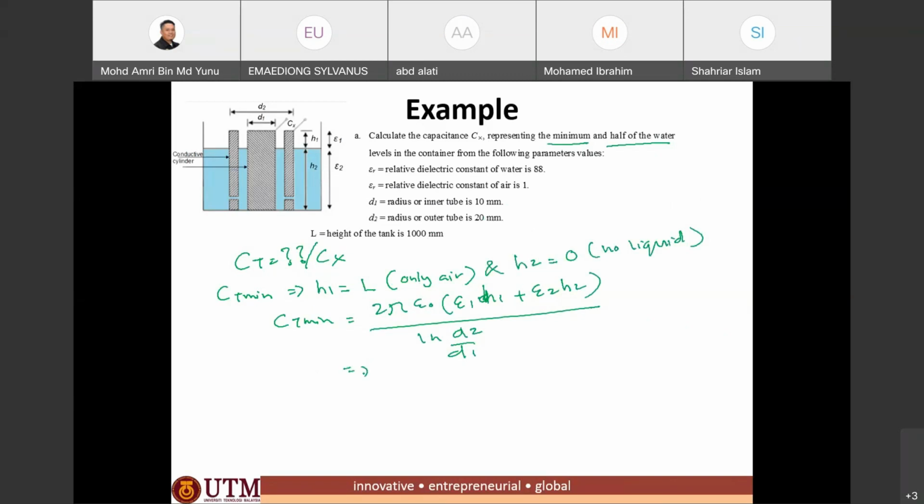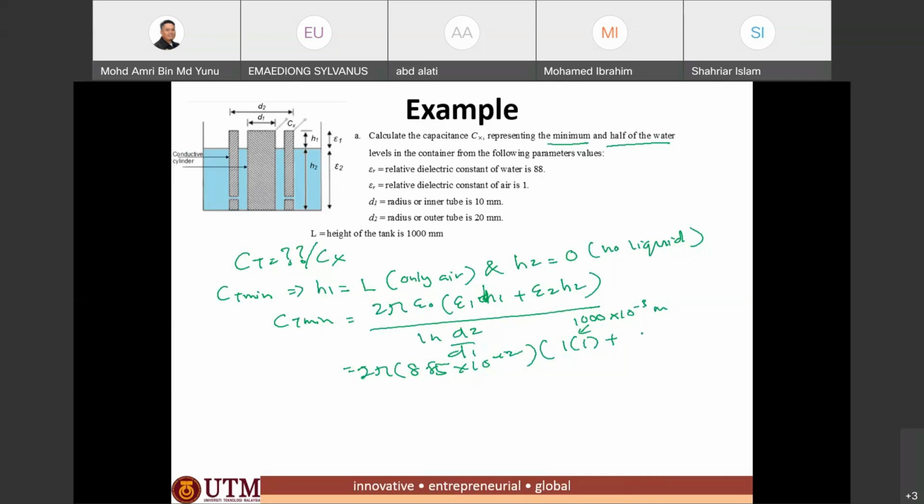So 2 pi times 10 to the power of 12, multiply with 1 plus 1, H is 1000 times 10 to the power of 3 meter, because we are in meter.